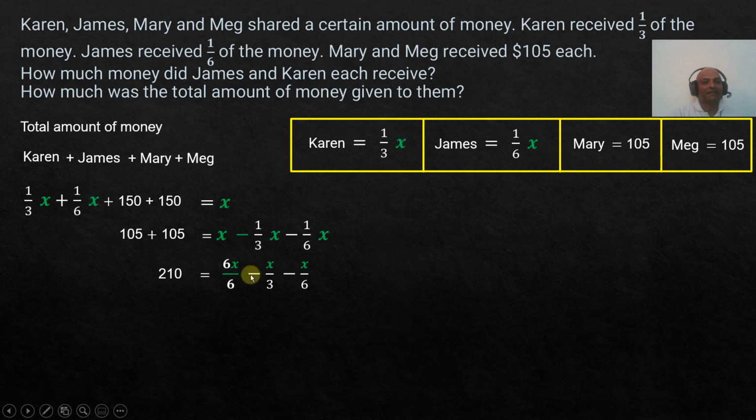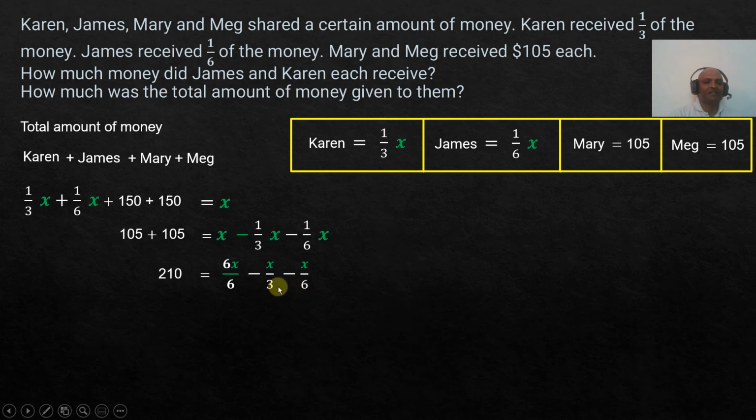So in this, it becomes minus x over 3, because 1/3 times x is basically the same as 1 times x over 3, and so that becomes x over 3 minus x over 6. So we are going to make the denominators the same, in which case these two have got the same denominator 6.